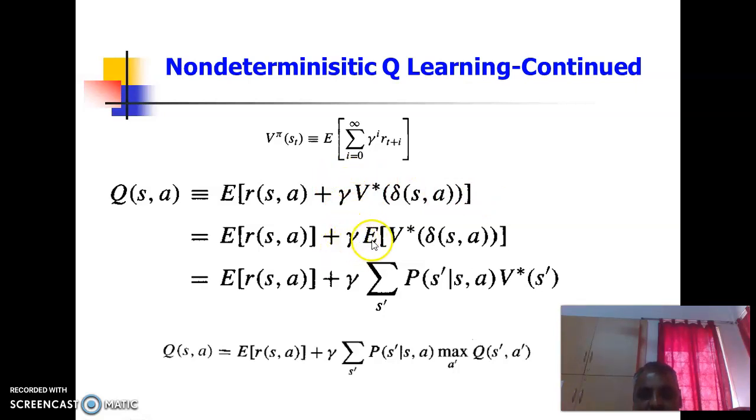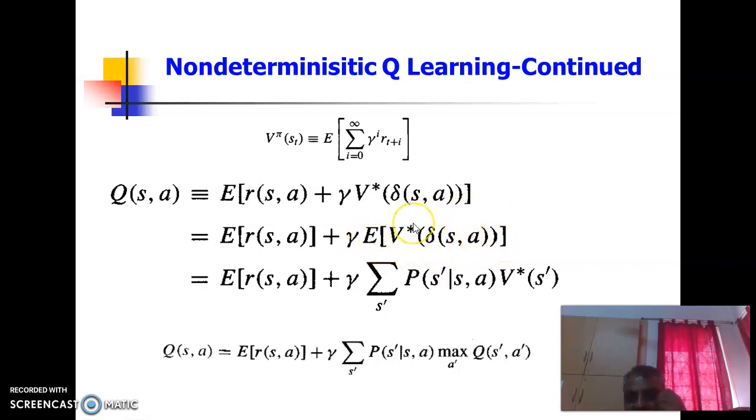So we get gamma into expectation of V star of delta of s comma a. Now this we will retain.